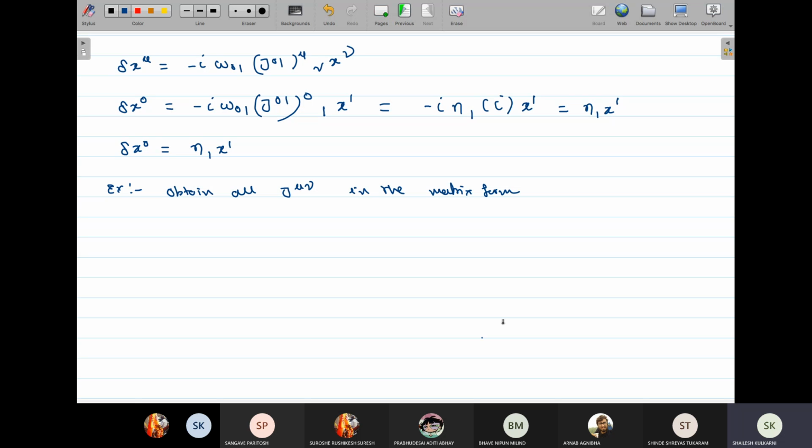You know how J acts on the state space. You know how angular momentum acts. J becomes angular momentum, right? Hence, you know the action of rotation on the quantum mechanical Hilbert space.